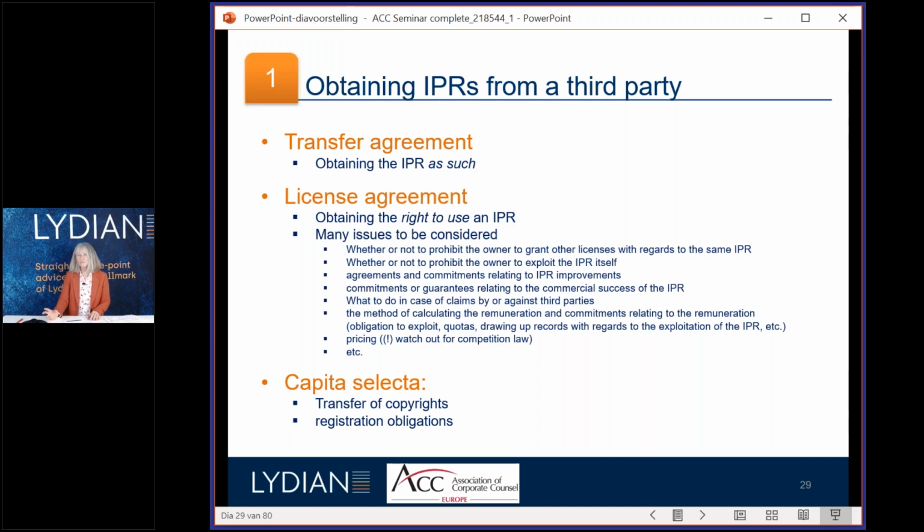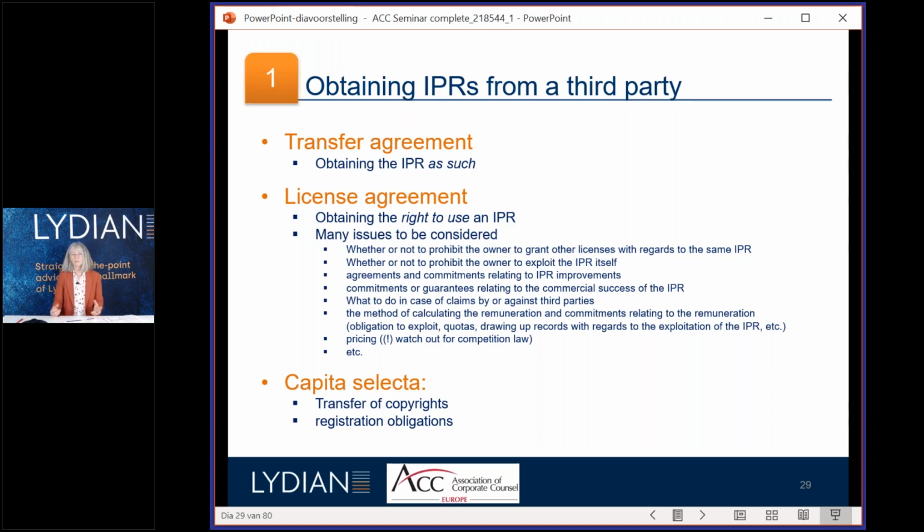Then, in the license agreement, the basic checklist, which is on the slide, is mainly whether you grant an exclusive right or not, whether the owner of the rights can still use the right, and whether he can transfer it to somebody else. Another main issue is improvement of the IP rights.